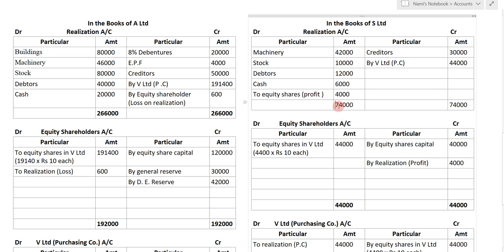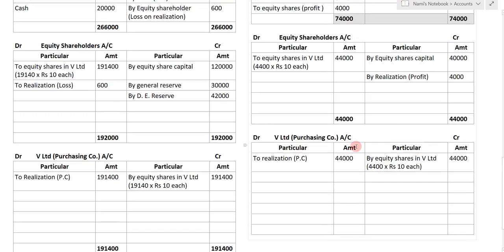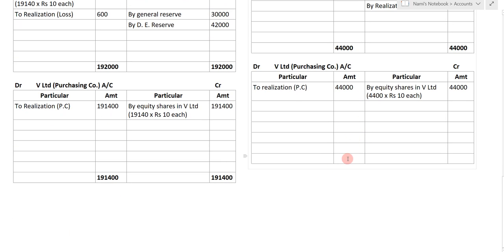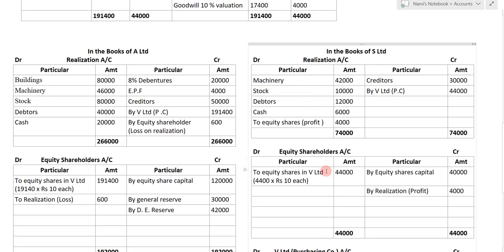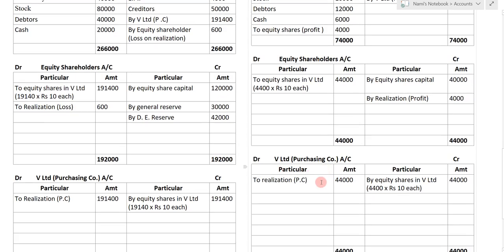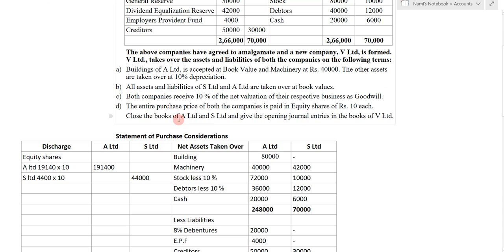Here also the realization account is tallied. Now close the account of the purchasing company, both the sides are tallied. So here we have closed the books of S Limited, okay, by creating realization account, equity shareholders account, and V Limited account. Okay, now we have closed the books of A Limited and S Limited, and now pass the journal entries in the books of V Limited.